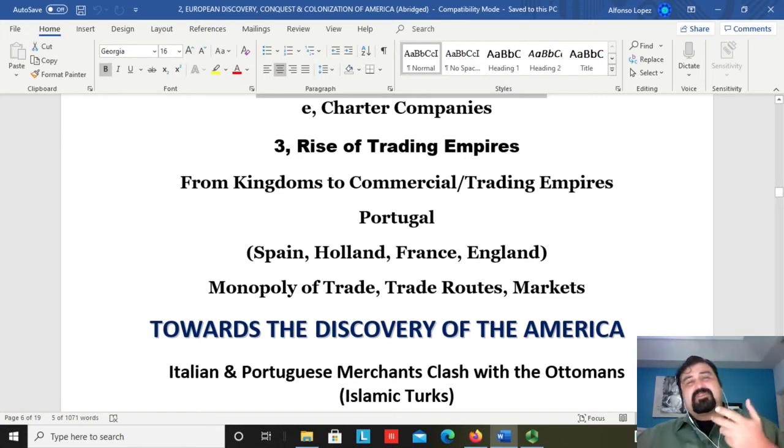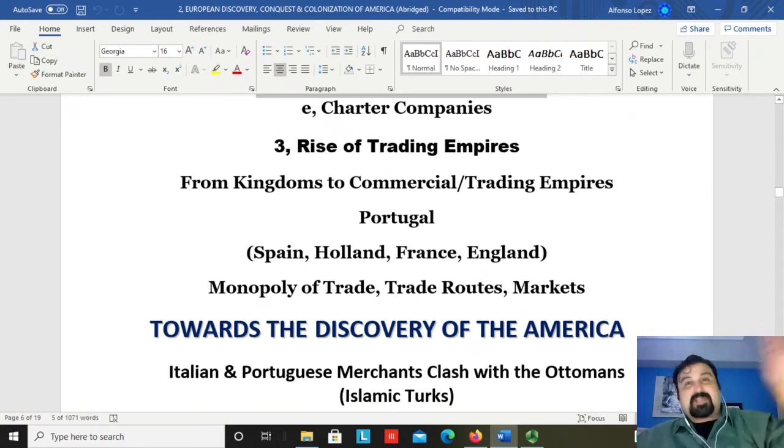And charter companies are simply companies that are going to operate overseas. That is to say, they're not going to operate within the kingdom in which they live, but rather as the Europeans are settling and colonizing America after Columbus discovered America in 1492, the king is going to charter one of those companies within the kingdom, those joint stock companies, commission them, give them a legal right to operate in America on behalf of the king.